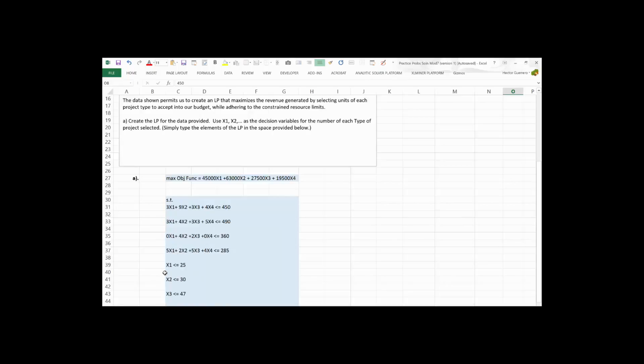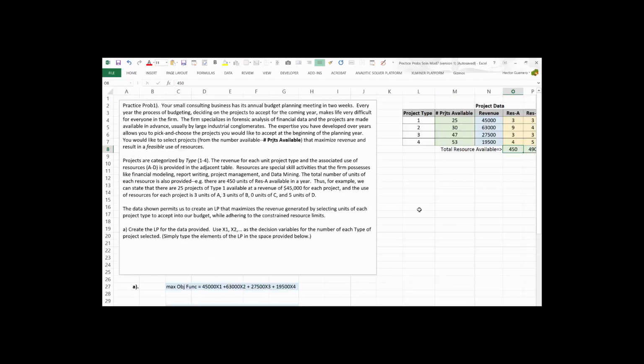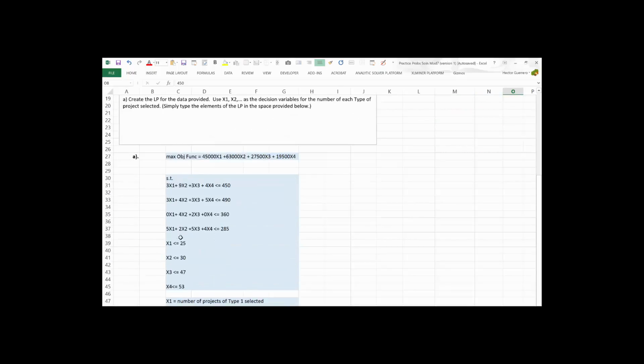Notice these values down here. x1 must be less than or equal to 25. x2 must be less than or equal to 30, etc. And all that is saying is that, hey, we don't have any more than 25 project 1s. We don't have any more than 30 project 2s, so I can do up to 30 or less, but can't do more. And that's where we account for this constraint in the number of projects.